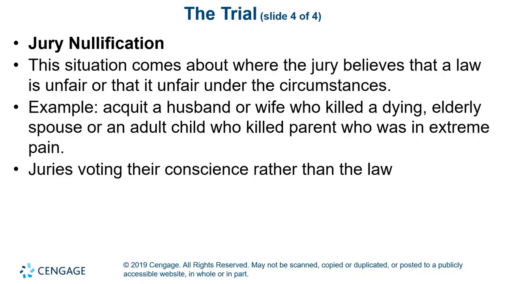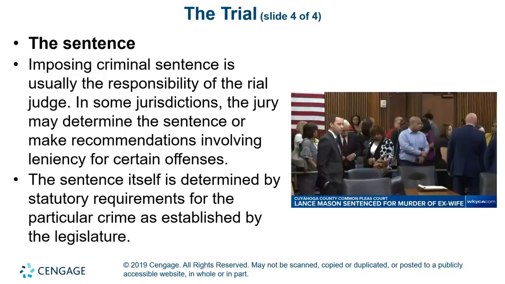This situation comes about where the jury believes that the law is unfair or that it's being applied under unfair circumstances. So an example would be to acquit a husband or wife who killed a dying elderly spouse or an adult child who killed a parent who was in extreme pain. This is where juries vote their conscience versus their guide. But that's jury nullification. That's just a definition, so you know that.